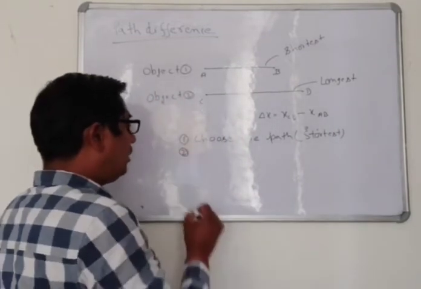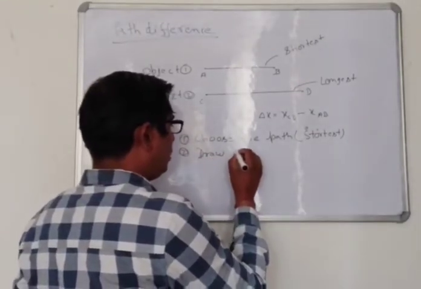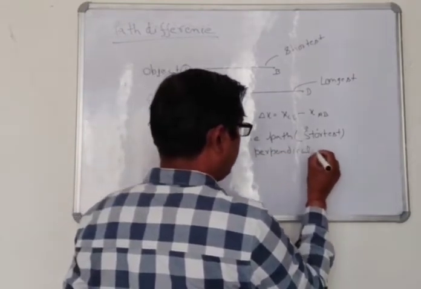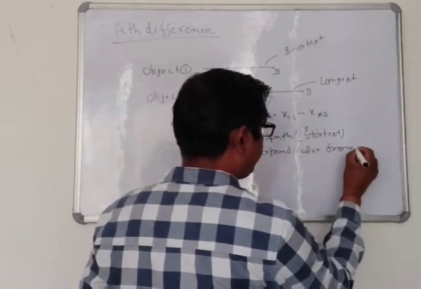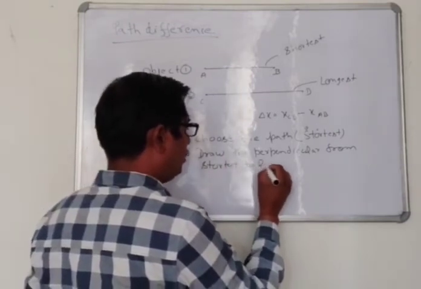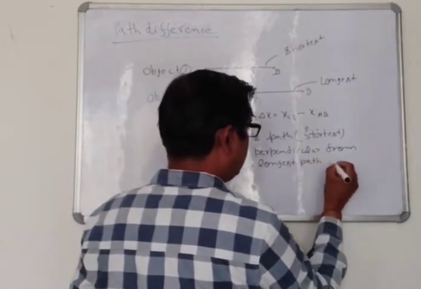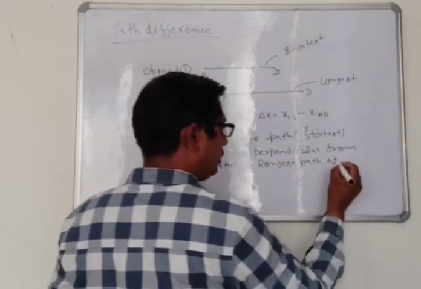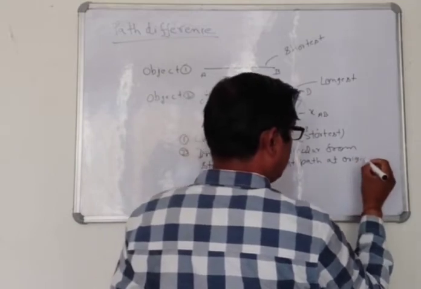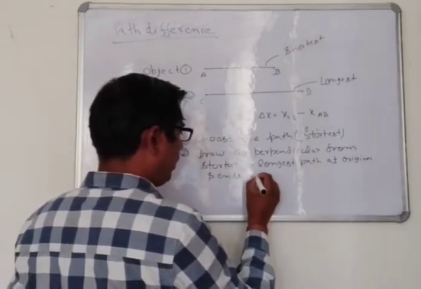Second, you will draw the perpendicular from the shortest path to the longest path at the origin and the end point.